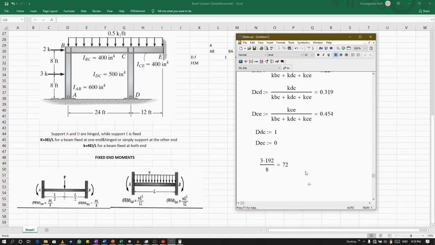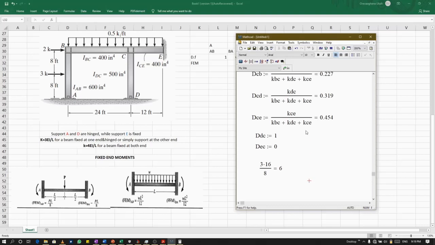So instead of converting to 192, let's use 16 instead. So I will just have 6. I think that's easier to work with. So do not fret.